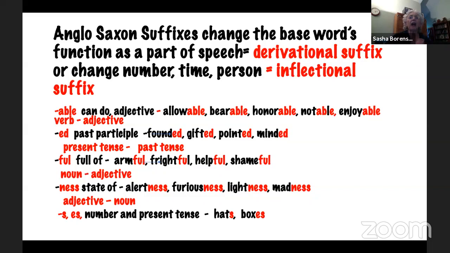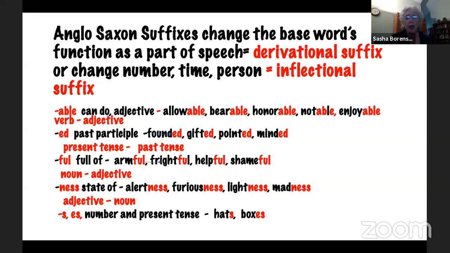But if I take a base word and it is an adjective, and I put a suffix like ness onto it, it takes that adjective and changes it into a noun. So if I have alert, that's an adjective. He is an alert person, right? But if I say alertness, now it's a noun.